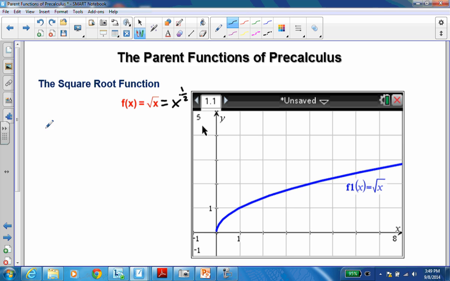So is this function going to be odd or even? Okay, first we look for symmetry. Do we have rotational symmetry about 0, 0? No. Do we have reflected symmetry about the y-axis? No. So we say that this function is neither odd nor even.